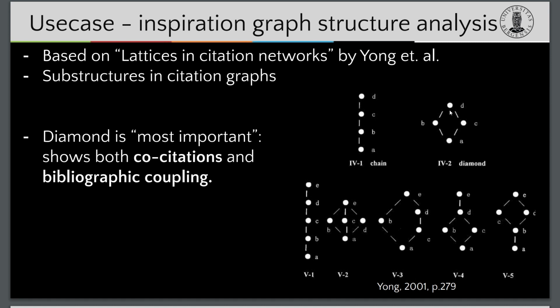So he was looking specifically at paper-to-paper citations. So the diamond shape where one paper cites two other papers, and they both in turn cite the same paper. And he identified this as the most important shape because it shows both co-citations and bibliographic coupling in the most simple shape possible.